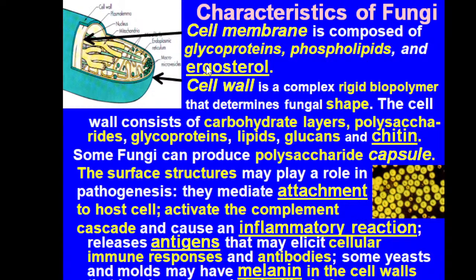It means that fungal cell membrane phospholipids are different from human cell phospholipids. And I would like to underline that fungi have ergosterol instead of cholesterol that is found mainly in human cell membranes.